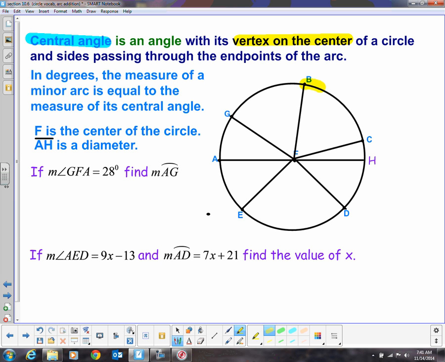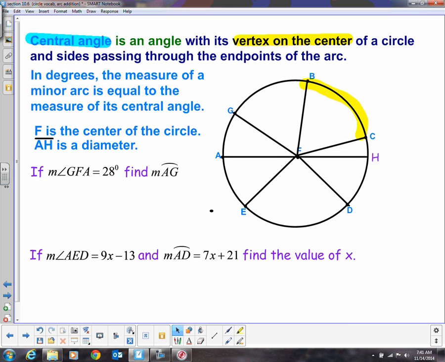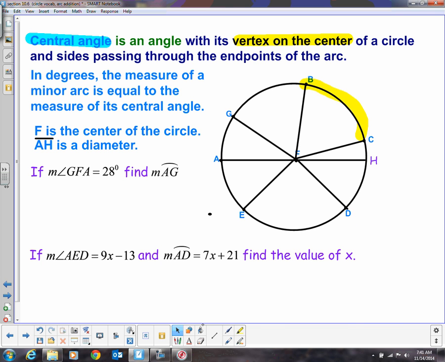So if I want to look at this arc right here, a minor arc would be angle BFC. That would be a central angle, and it cuts off arc BC.